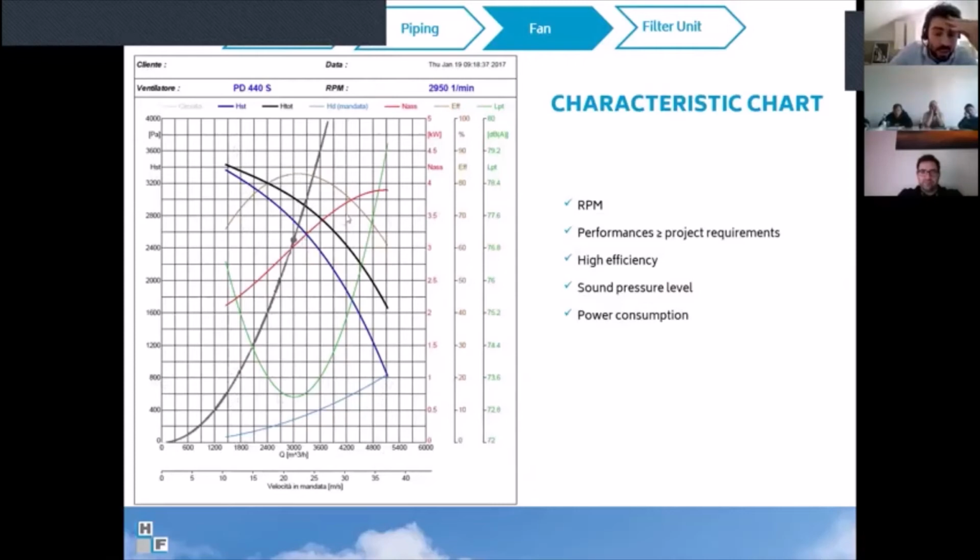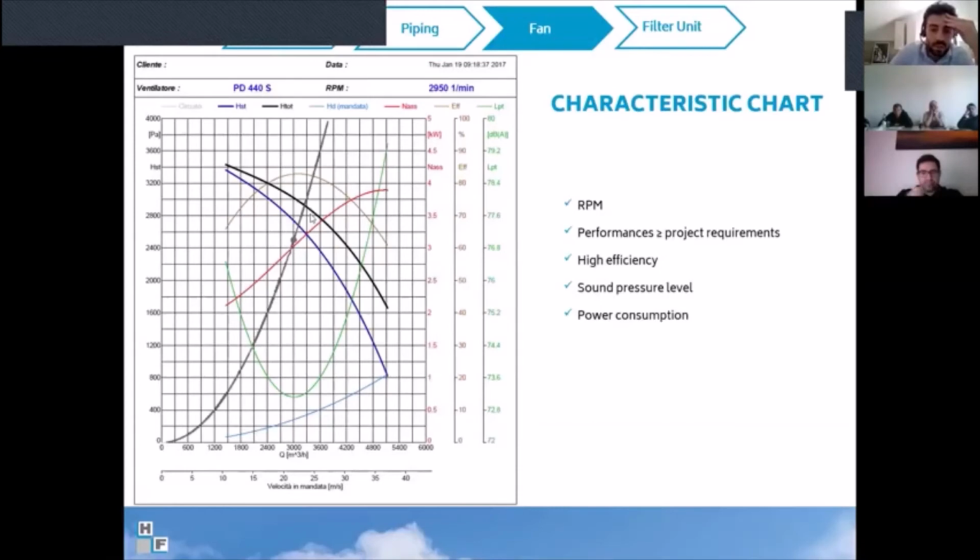In different conditions, it will ask different power of the motor. In the first case, it will absorb more or less 2 kilowatt. In the second point, the power consumption will be close to 4 kilowatt.